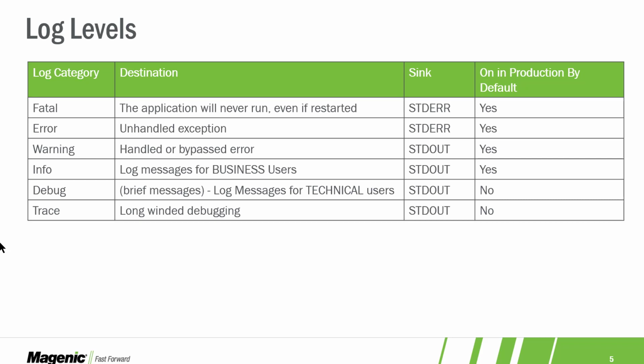But what they wouldn't disagree about would be how the categories are organized and what they mean. So fatal is sometimes called critical. Error could be called exception. Warning could be called oopsie doodle. We don't care. What we care about is that our log stream should be tagged or enriched with a log category that lets us separate out these use cases.